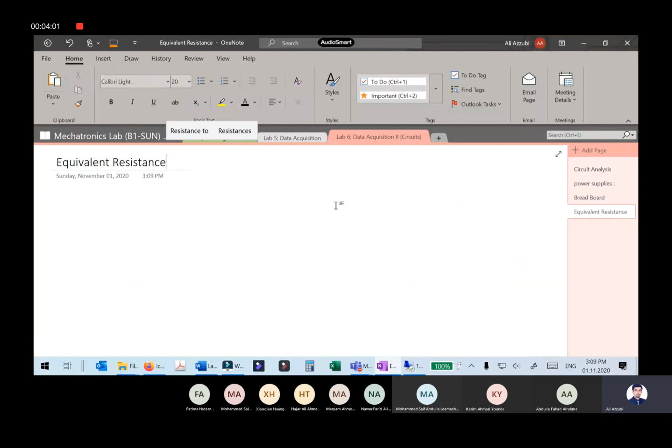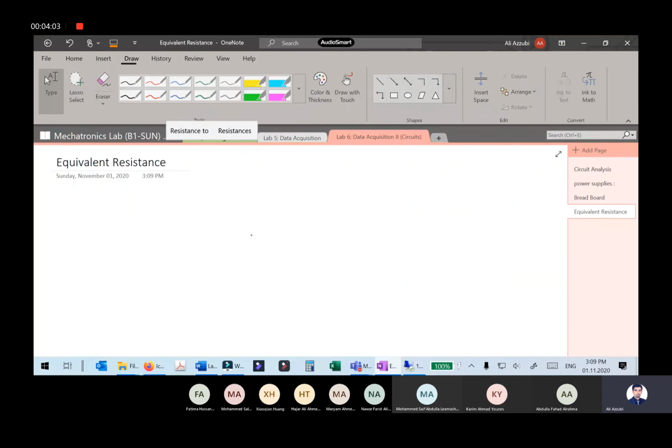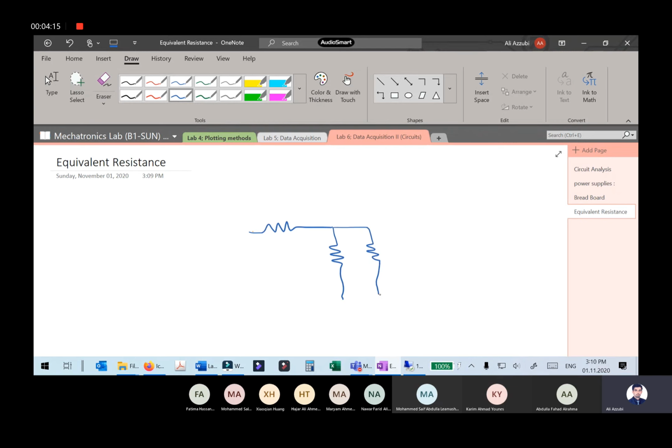Okay, so in general our circuit was this. We had R1 like this, R2 and R3. Theoretically, the equivalent resistance is R1 plus R2 R3 over R2 plus R3.